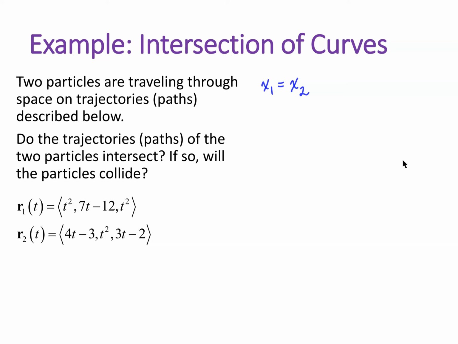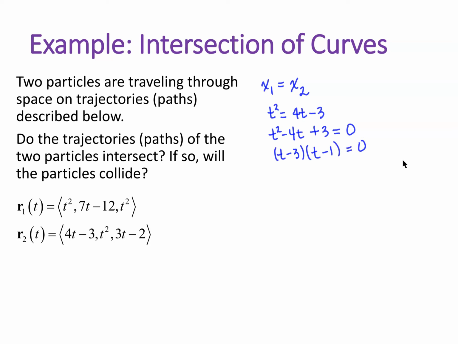If that were to happen, that would mean that t squared would have to equal 4t minus 3. Using some algebra, let's subtract 4t and add 3 to both sides of the equation. So we have t squared minus 4t plus 3 equals 0. It's a quadratic equation, easily factored. That's t minus 3 times t minus 1 equals 0.